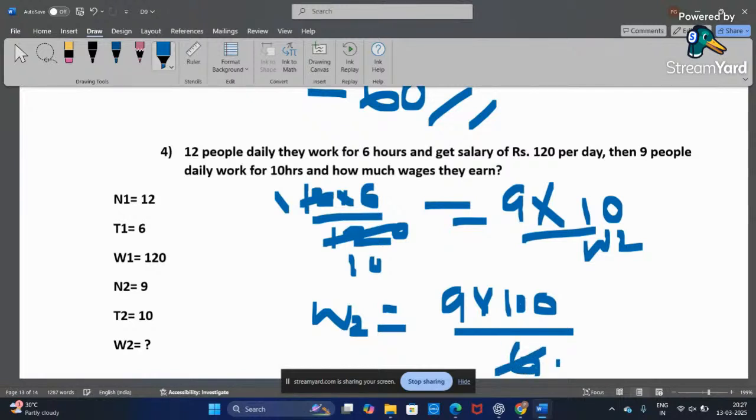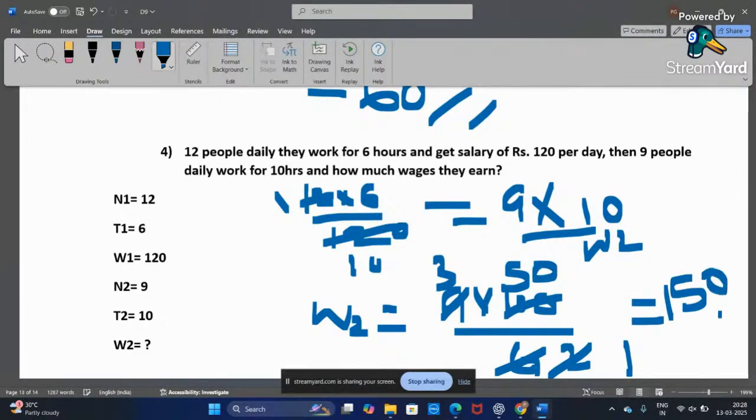So 3 twos are 6, 3 threes are 9, 2 fifties are 100. So it is 150 per day. The wages W2 is 150 rupees per day. This is the answer.